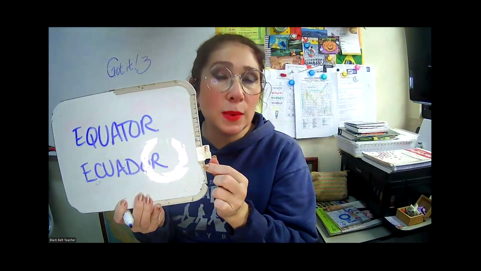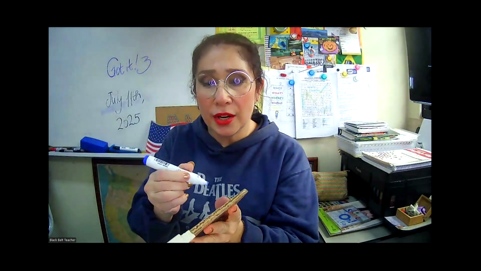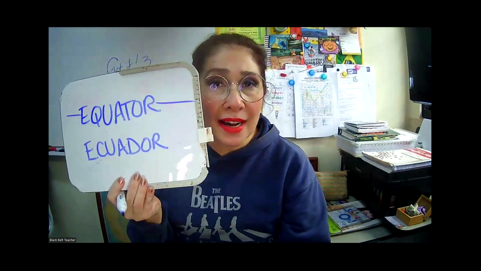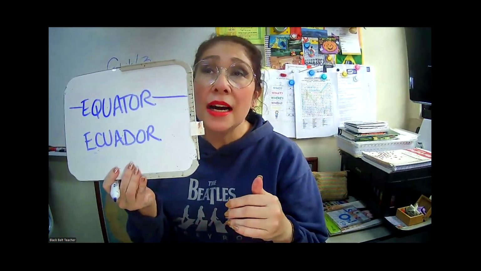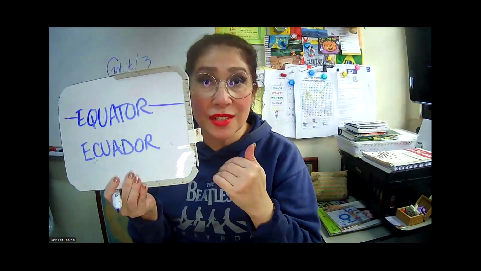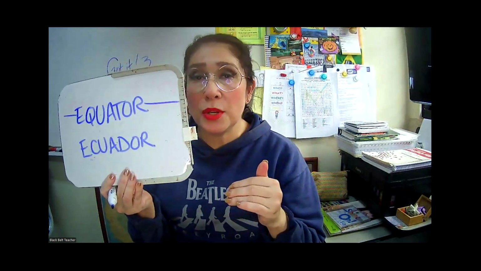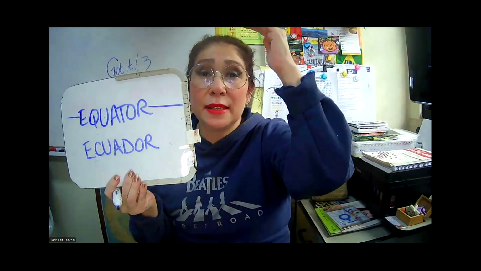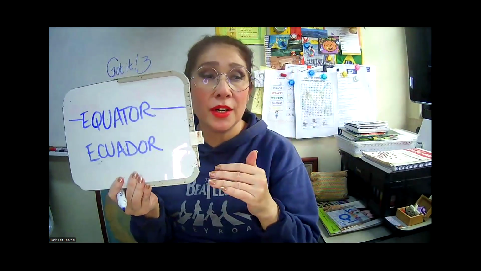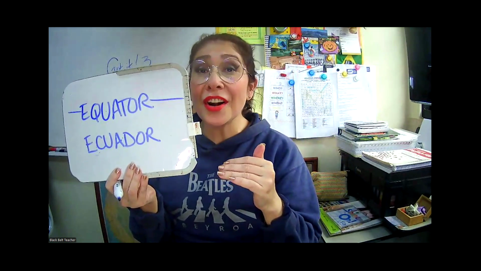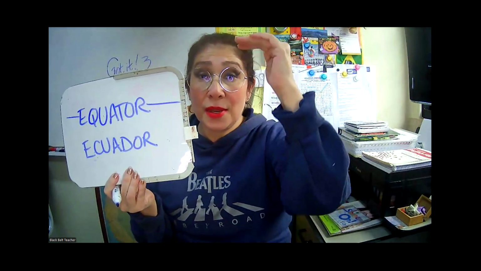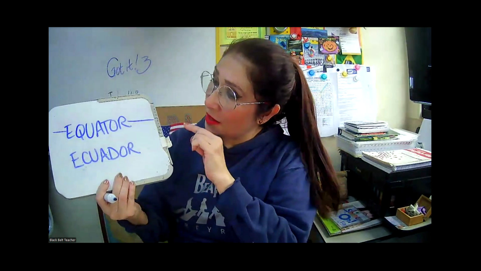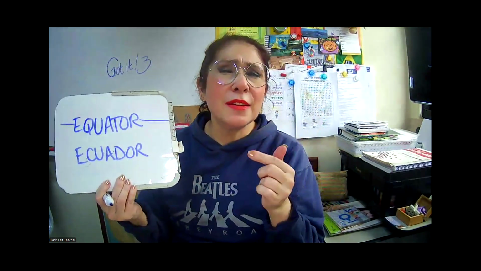Equator, Ecuador. So equator is the line that divides our planet into sections. The bottom section, we call it the southern hemisphere, and above the equator, it's the northern hemisphere. So we have two hemispheres divided by the line. It's an invisible line.